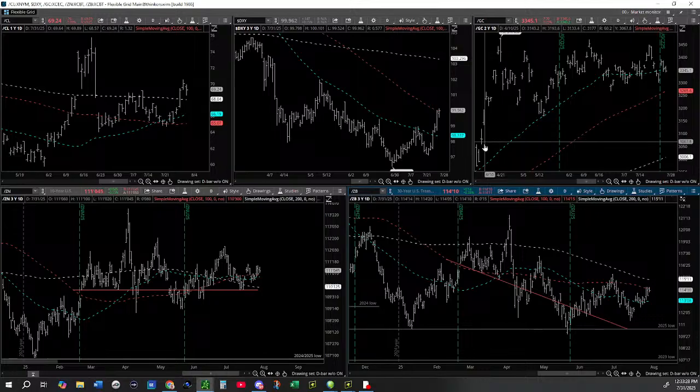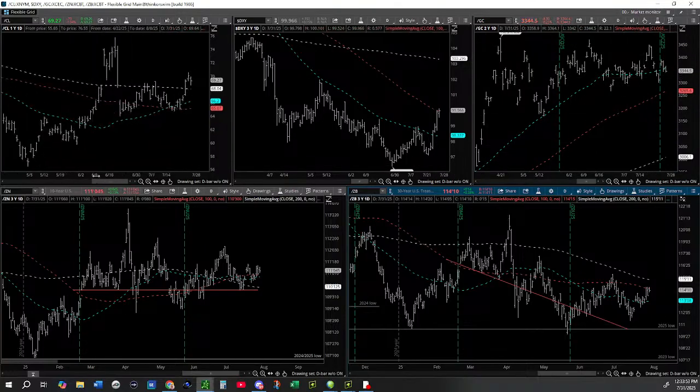There's a lot of gaps here, 1, 2, 3, 4. There's a ton of gaps happening in gold. It's kind of a range here that is compacting. There can be a breakout here to the upside, to the downside, who knows.